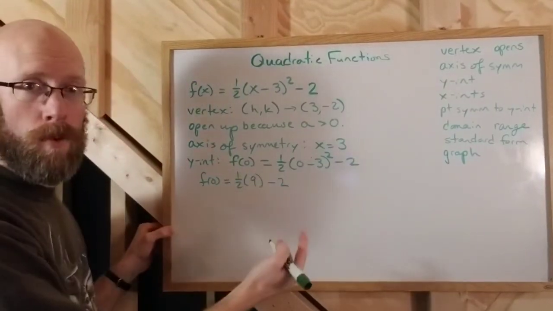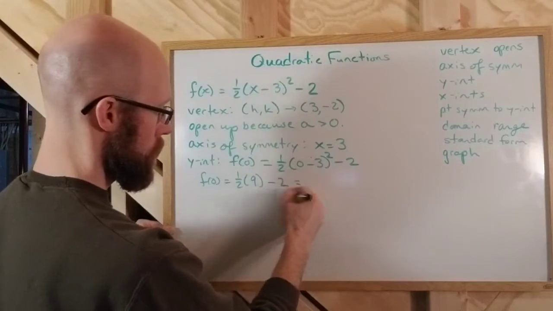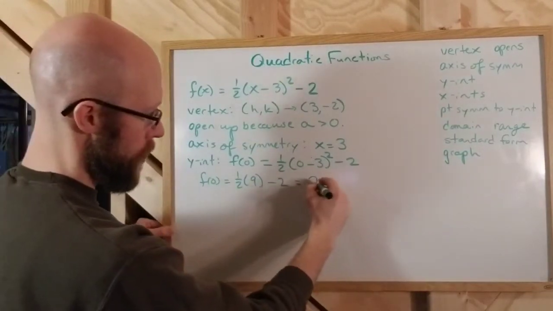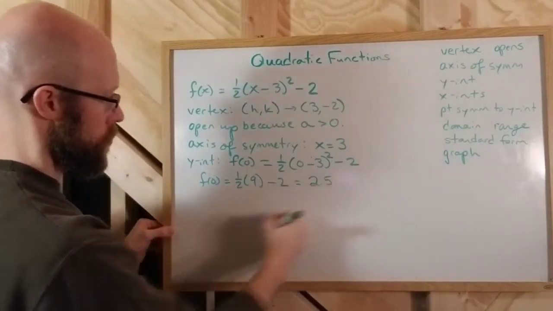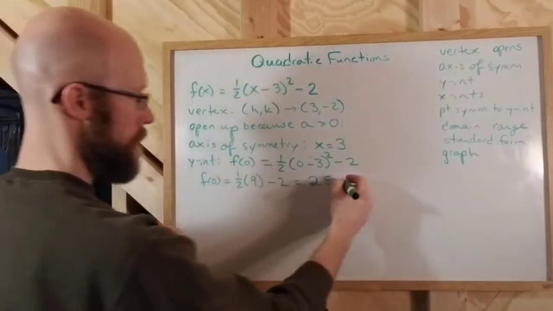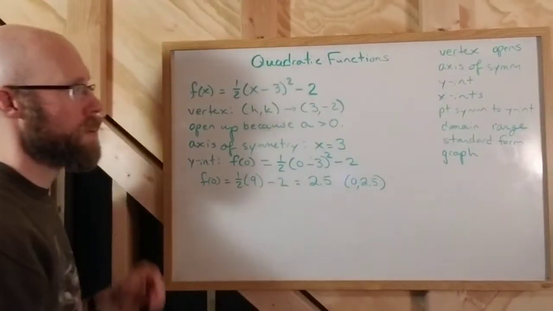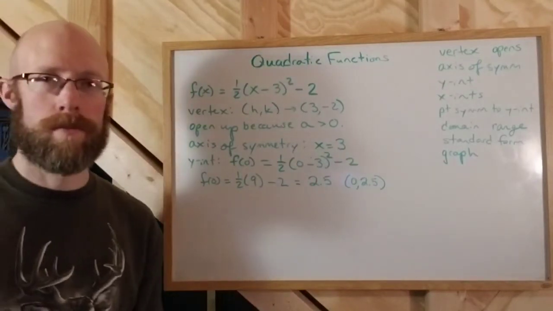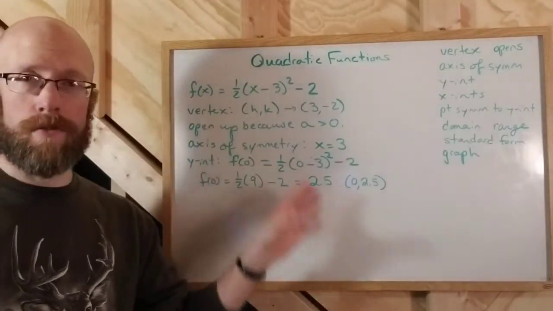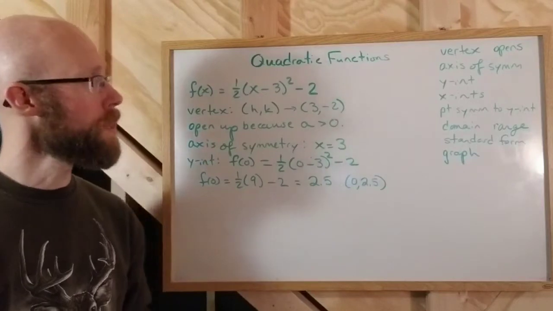Half of 9 is 4.5. 4.5 minus 2 is 2.5. So our y-intercept is at 0 comma 2.5. So we're cruising along. The first few things are pretty quick.